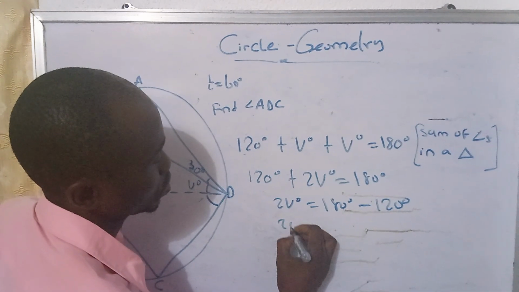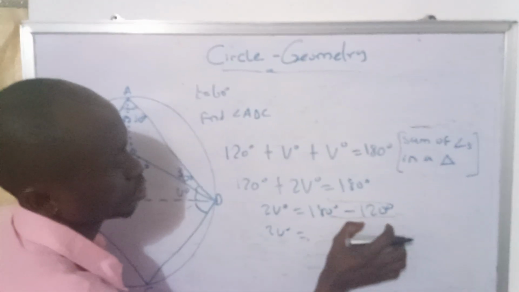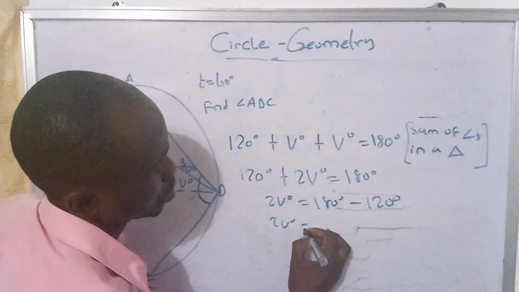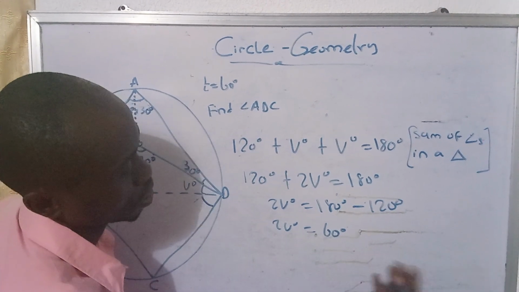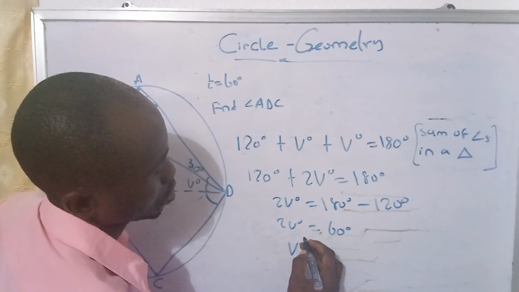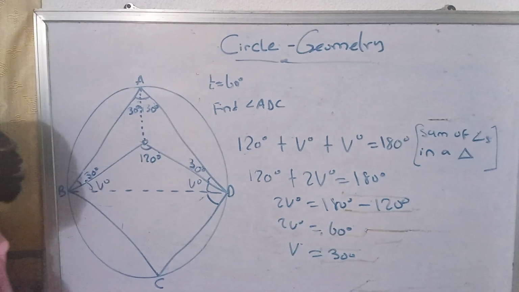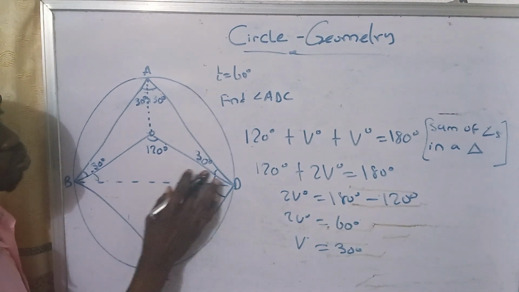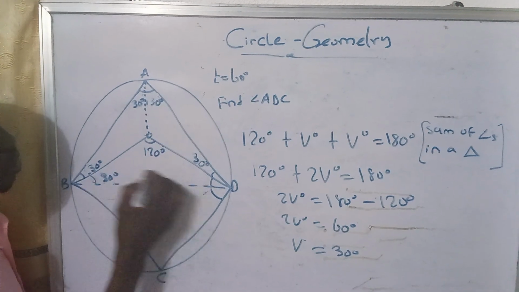So 2v degree equals what? Take away 120 degree from 180, what we have left is 60 degree. So divide both sides by 2, v equals what? 30 degree. So that means that at this point we will be having 30 degree.